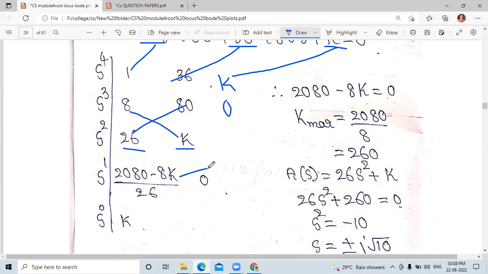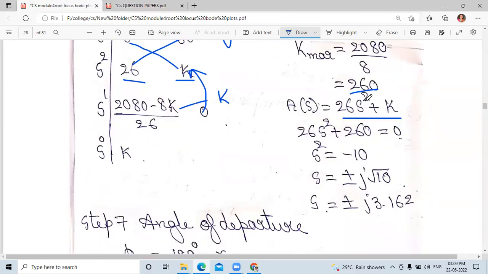From this equation, we need to find out the value of k. So we get 2080 minus 8k equals 0. 2080 equals 8k, so k equals 2080 divided by 8. What value do you get for k? 260. Before that, the A of s equation is 26 s square plus k equals 0.